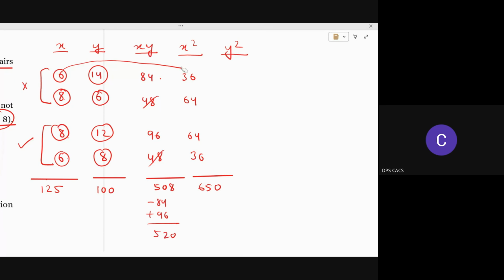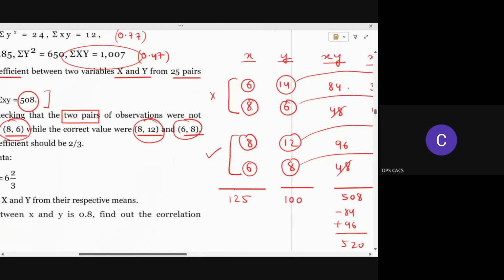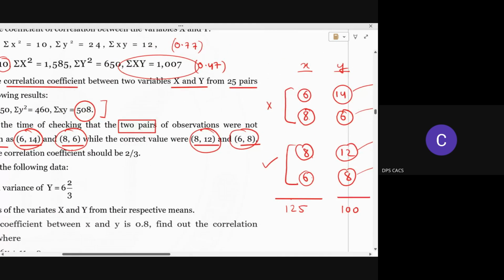Y square. What is the mistake I have done? Sir, 14 square. How much? 196. 6 square how much? 36. 12 square how much? 144. 8 square how much? 64. So remove the wrong figures, add the correct figures. What have they given to me in Y square column total? Oh, have I done a mistake?